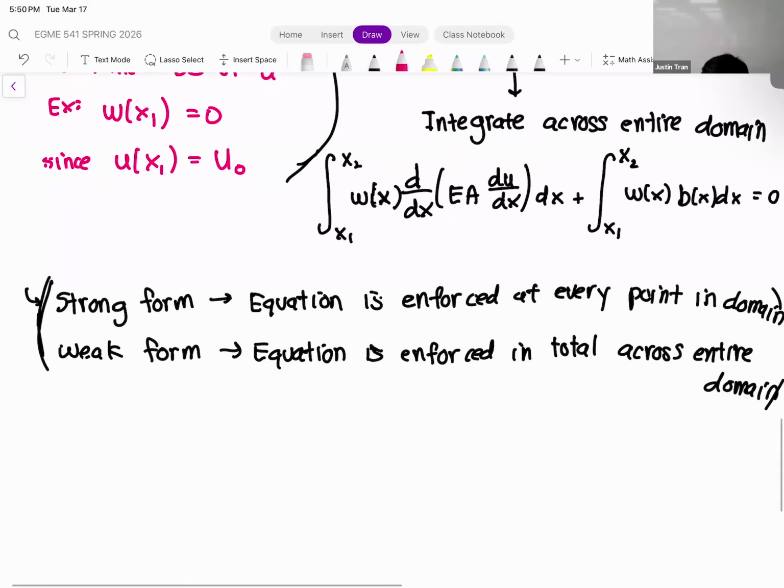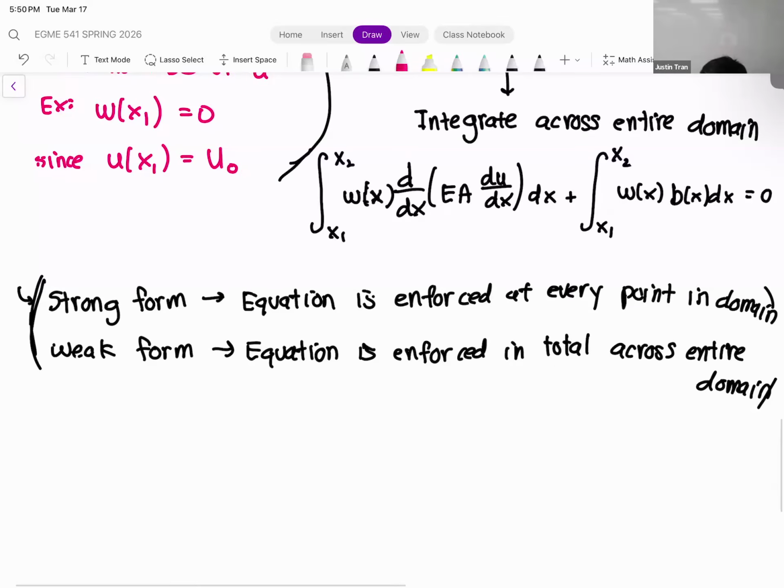In particular, I think this is the last point that I made on Thursday. We have this expression here, and we have an imbalance of derivatives.